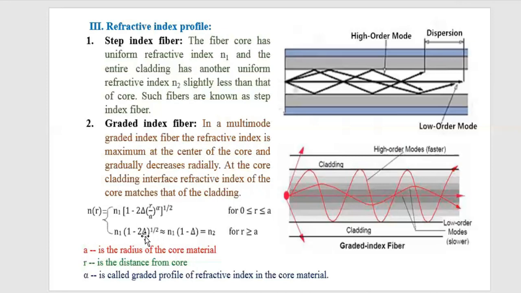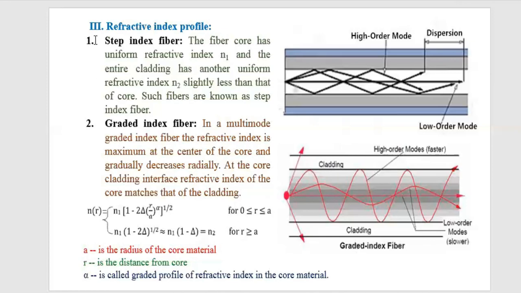If this is expanded using exponents, it becomes N1 into 1 minus delta, where delta is N1 minus N2 by N1. Simplifying this gives N2. So the cladding material has a refractive index of N2.